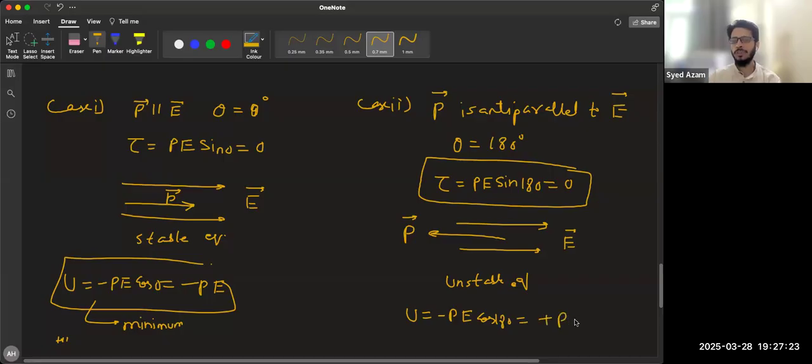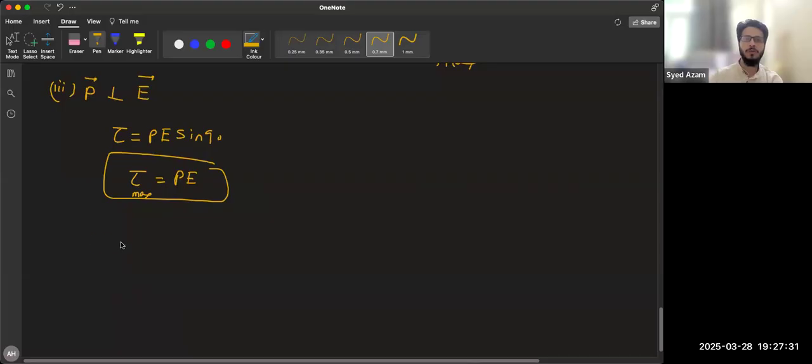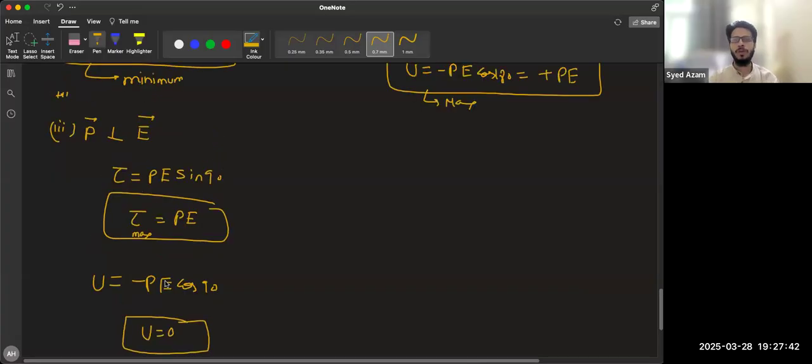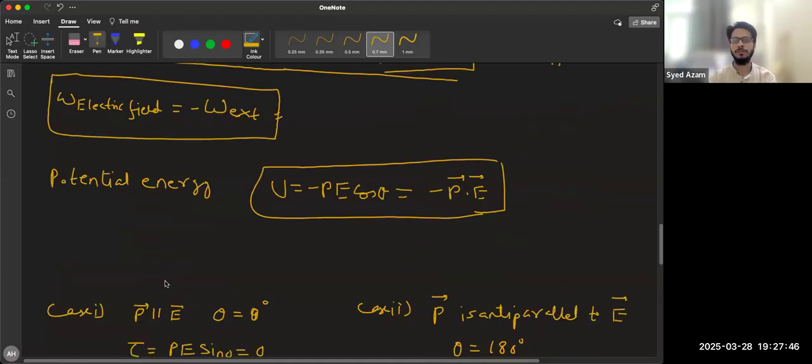So this will be plus PE. Here your potential energy is maximum. If it is perpendicular, then your potential energy is minus PE cos 90, cos 90 is 0, so potential energy is 0. So this is how we can calculate both the torque as well as potential energy in different cases. Let's note it.